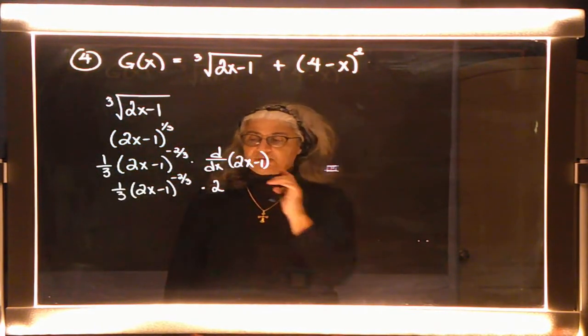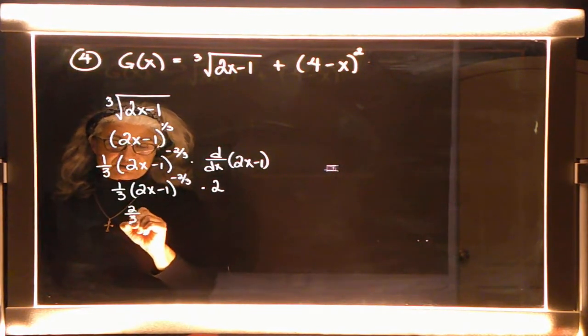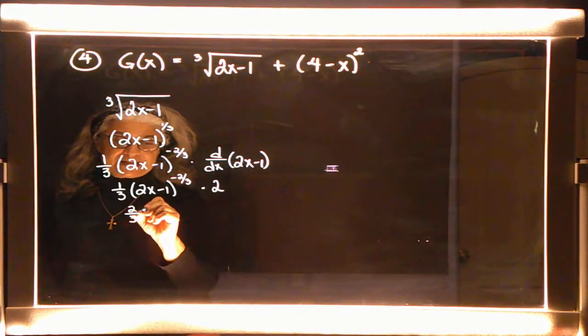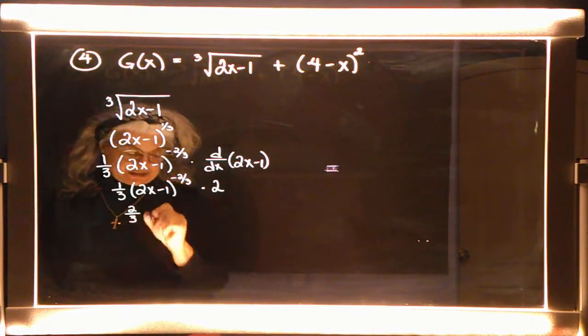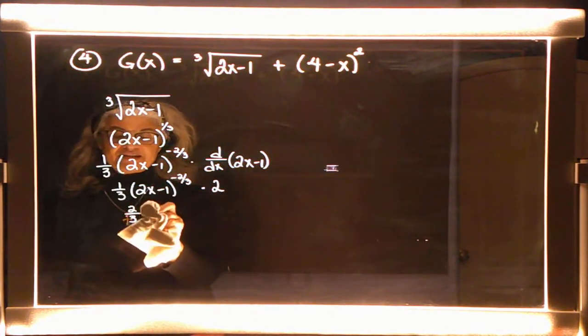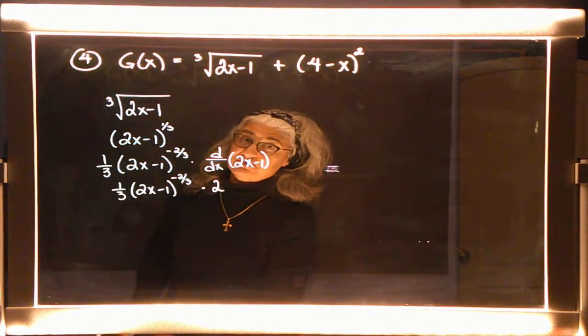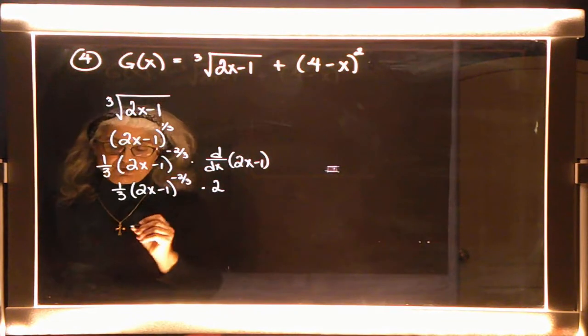Cool? Okay, so let's simplify this. We'll actually have 2/3, and this negative, so I'm going to write this just a little bit bigger. This negative exponent means that the 2x minus 1 belongs where? Yeah, it belongs in the denominator.